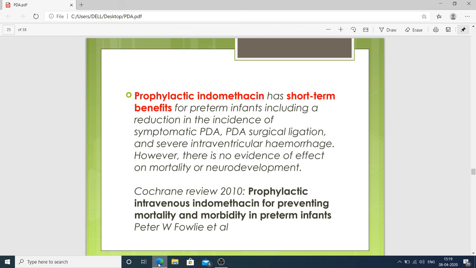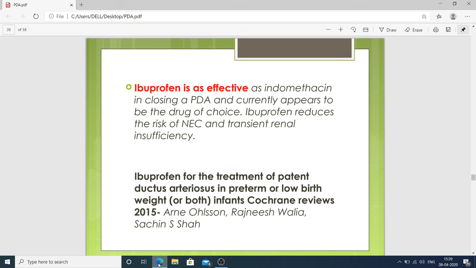Prophylactic indomethacin has short-term benefits for preterm infants, including a reduction in the incidence of symptomatic PDA, PDA surgical ligation, and severe intraventricular hemorrhage. However, there is no evidence of effect on mortality or neurodevelopment. Then ibuprofen is as effective as indomethacin in closing a PDA and currently appears to be the drug of choice.